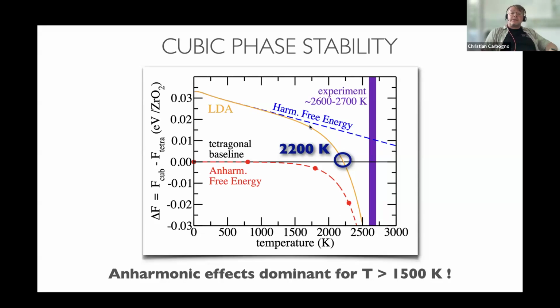But if you account for them, then you get a free energy that is actually lowered, and then you get a phase transition at this point here. Again, here we've done that at LDA. We see that at 2200 K. That is, again, not in too bad agreement with experiment.